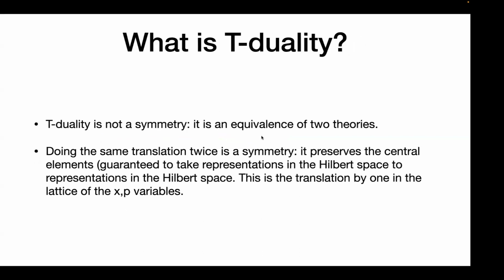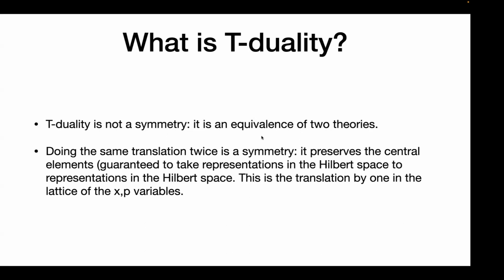So what is T-duality? When I was in grad school, T-duality, not on a lattice, but on a conformal theory, is not really a symmetry. It's an equivalence of two theories. You take, let's say, a theory at radius r, and a theory at radius 2 over r, and then the partition functions and correlation functions can be related from one to the other.